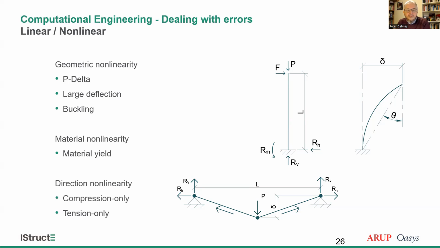And also you can have directional non-linearity, which is not an easy word to say. Compression-only and tension-only elements. Some linear programs can deal with these through iteration and so on, or you might need to run a full non-linear analysis. And of course, when you are dealing with non-linear analyses, you must not combine the results.